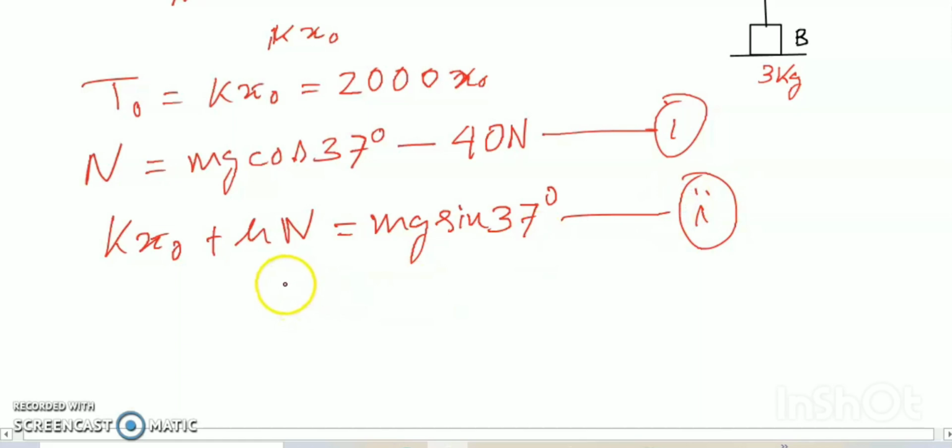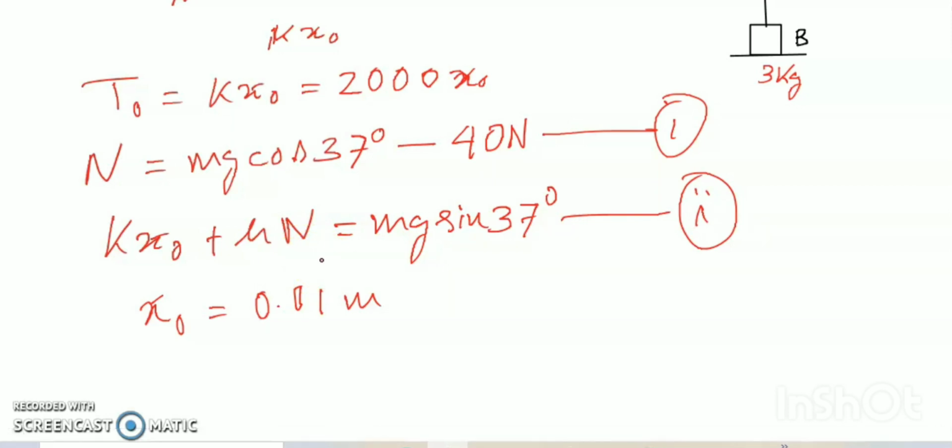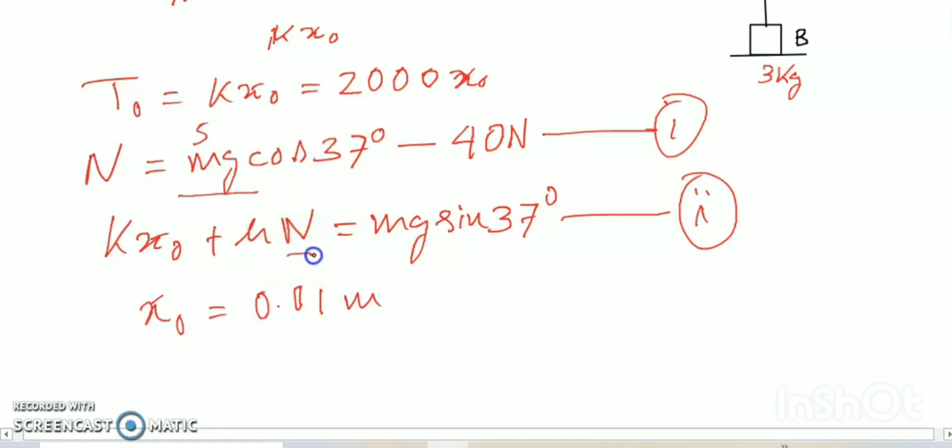So whatever I get, x0 is equal to 0.01 meter, because just putting in the value of the normal reaction, 40 N, and mg cos 37 degrees, where mg is 5 times g.